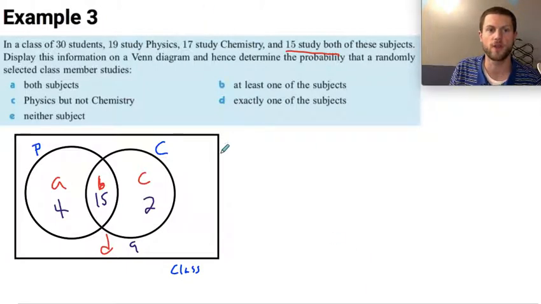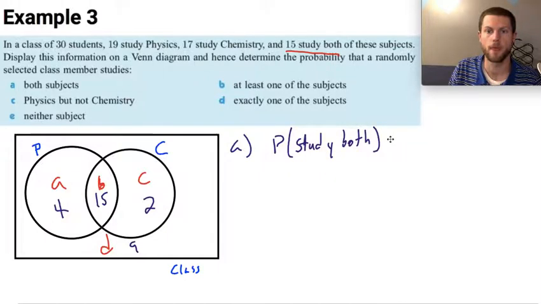So now I want to find the probability that I study both subjects. So the probability that I study both, that's going to be given as the number both.